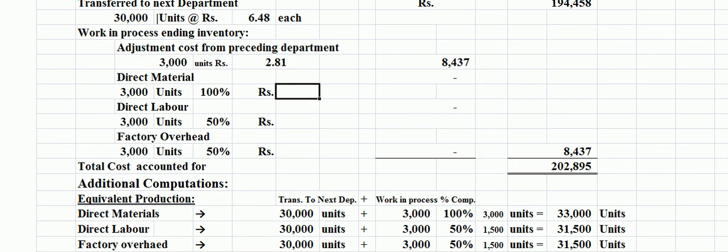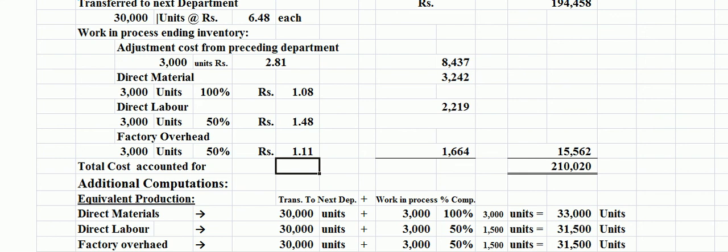The final cost is K50 plus K51 and plus K52. Students, you are looking, the costs have been found out in work in process units like material, labor, and factory overhead.